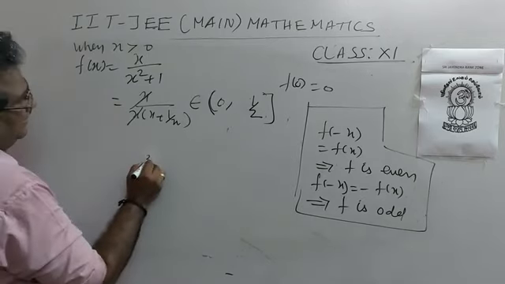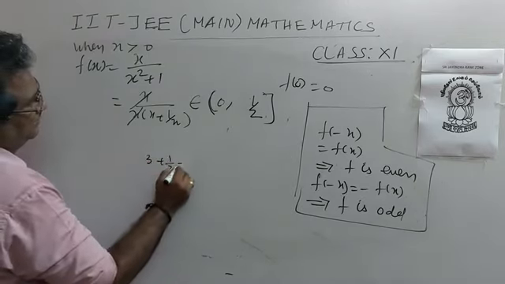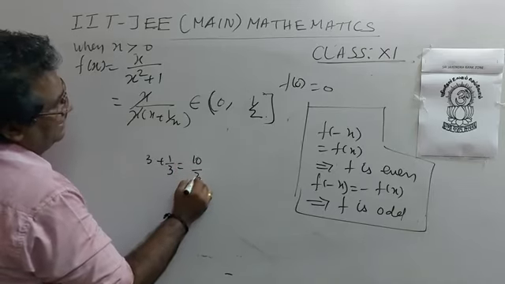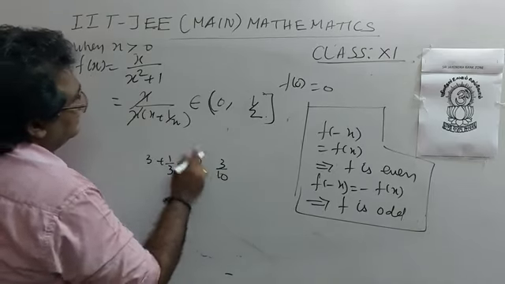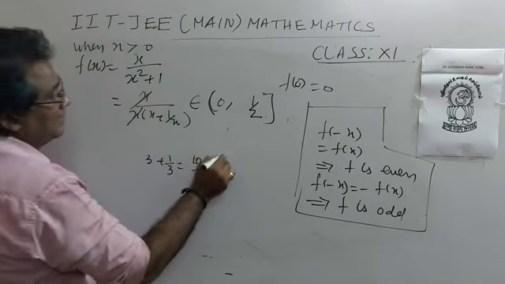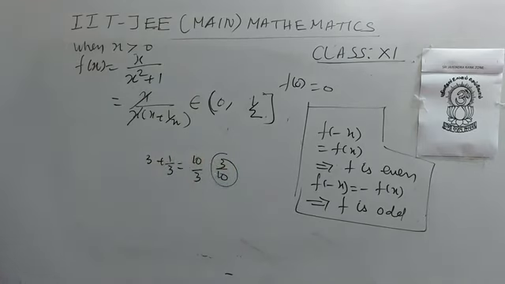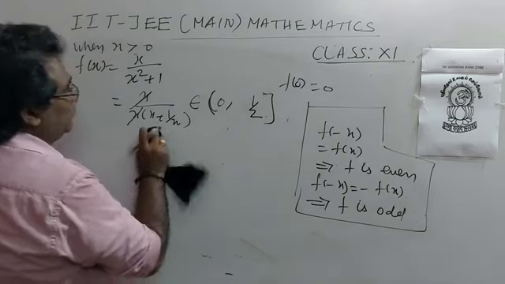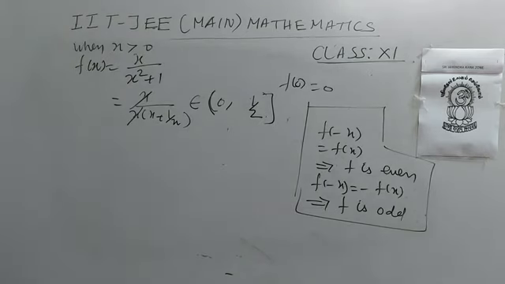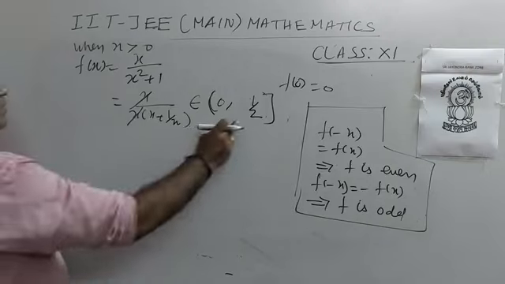Suppose we take 3 plus 1 by 3, that is 10 by 3, so for this 1 by 10 by 3 will become 3 by 10, 0.3. So it will reach 1 by 2 when x takes 1 only. Otherwise, all the values will be less than 1 by 2.